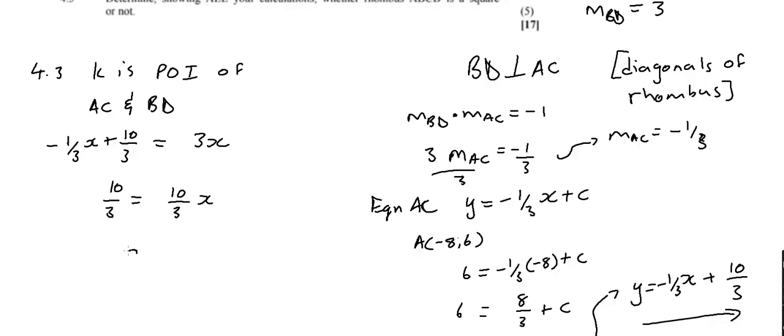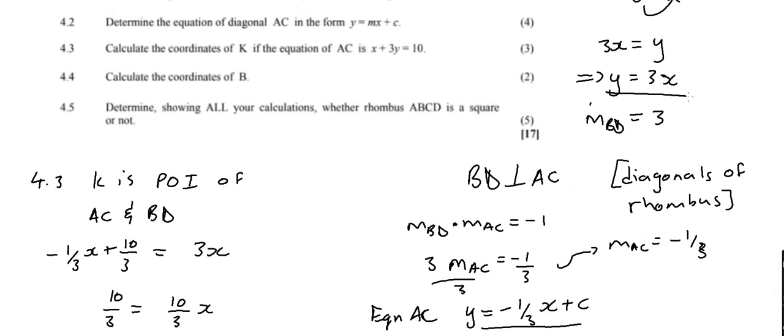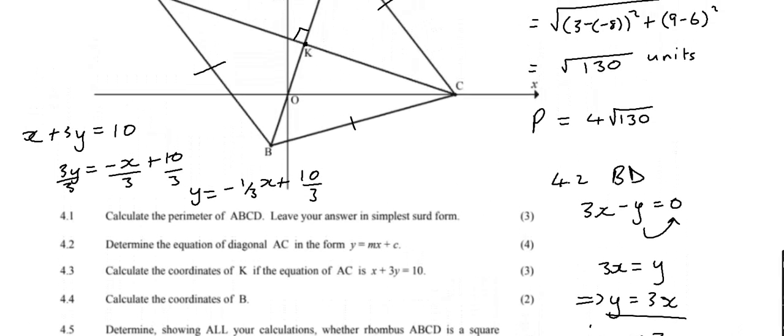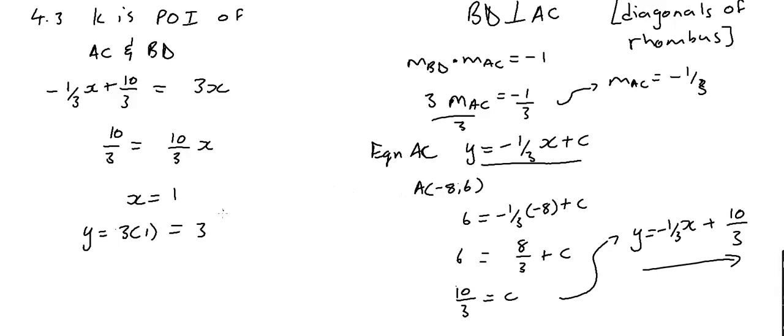If we divide, we will find that x is 1 if you divide both sides by 10 over 3. If x is 1, then y is going to be, use any one of these equations, either this one or the other one or this one. I'm going to use the easiest looking one, so that's going to be 3 times 1, which is also 3. So the coordinates of K are 1 and 3.